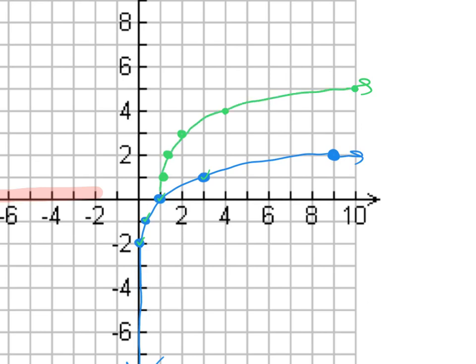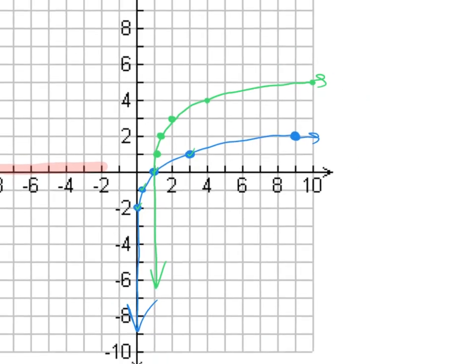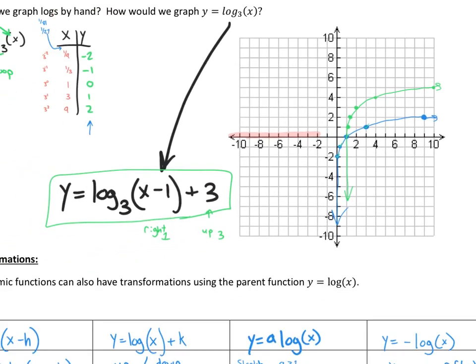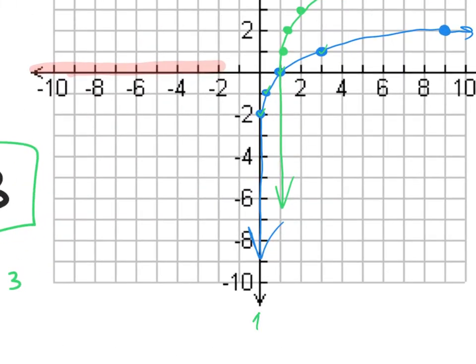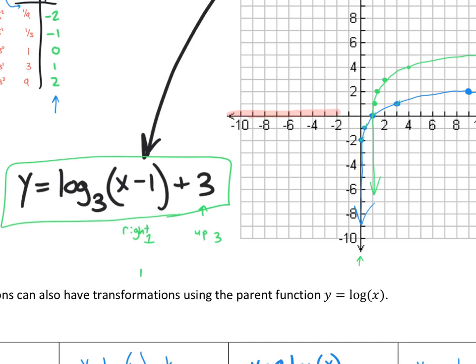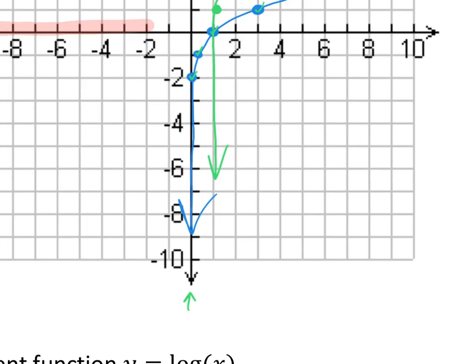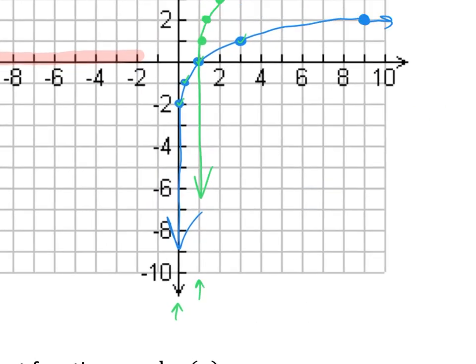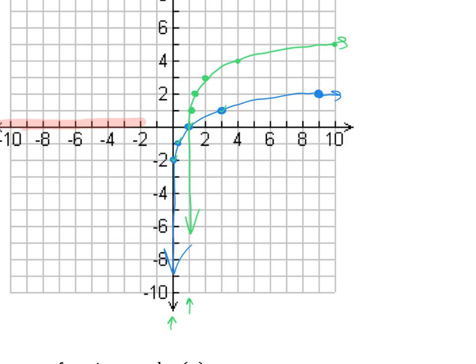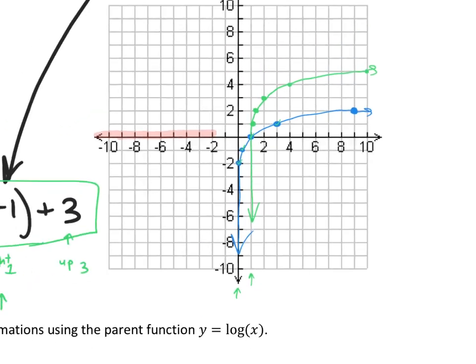Now, since we had moved to the right one, our new asymptote's going to be not on the y-axis, but at x is equal to 1. Because if the asymptote naturally occurs, usually on the y-axis, and it got moved to the right one, now it would be 1 to the right where that asymptote is. But it's the same graph, except now shifted right 1 and up 3.